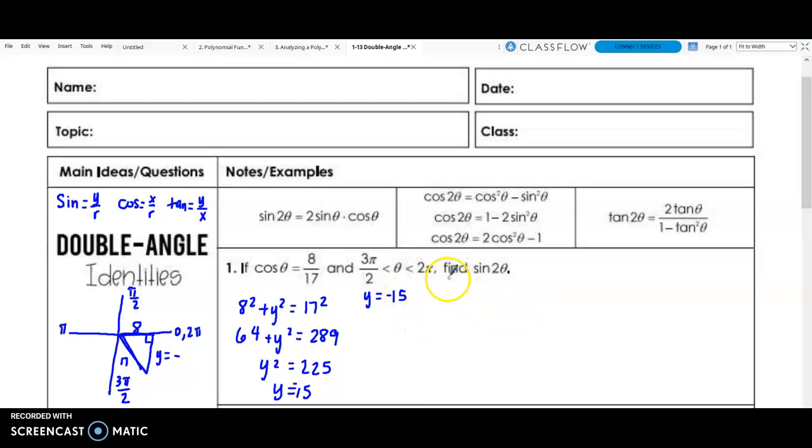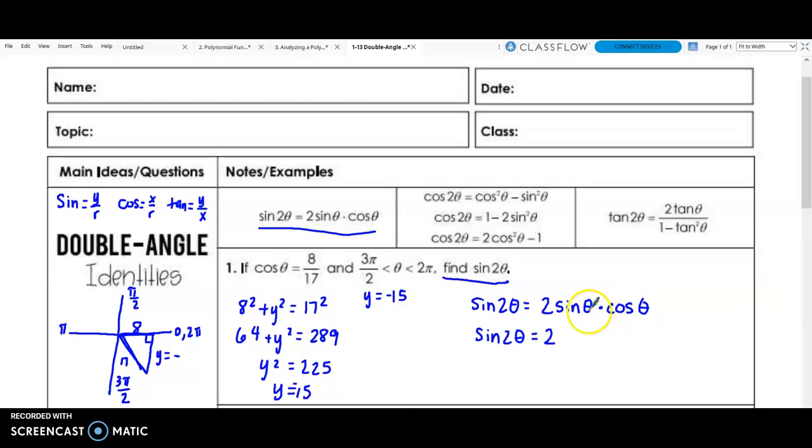Now we're trying to find sine of 2 theta. So we're going to use this formula here. Sine of 2 theta is equal to 2 sine theta times cosine theta. So sine 2 theta is equal to 2 sine of theta.